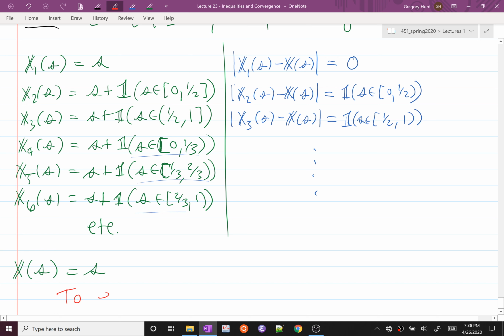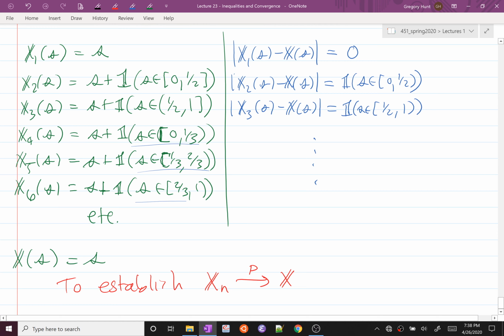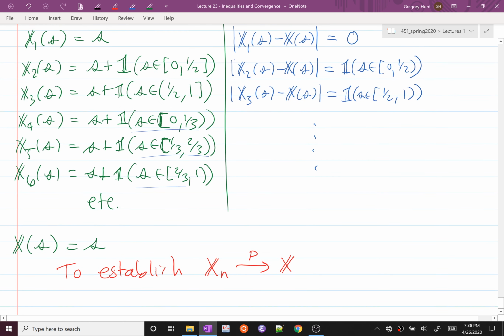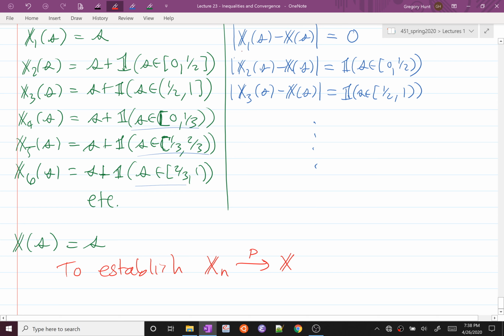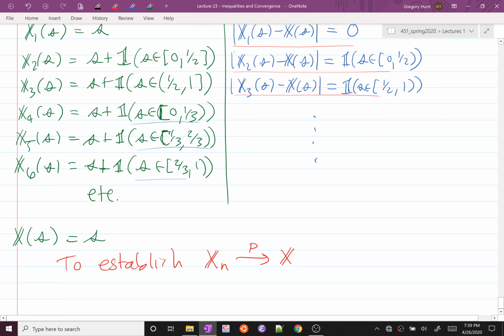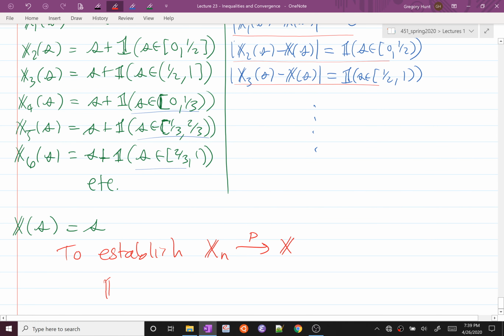To establish, which I'm going to show, that xn converges in probability to x, what I need to consider is the probability that each of these absolute values, xn minus x, is greater than or equal to some value epsilon.